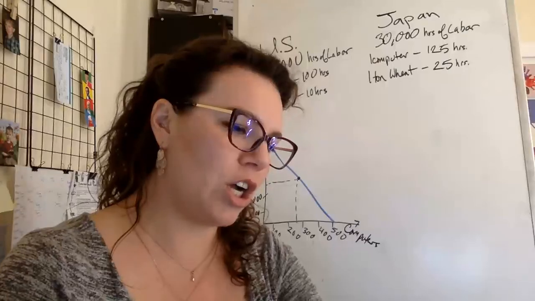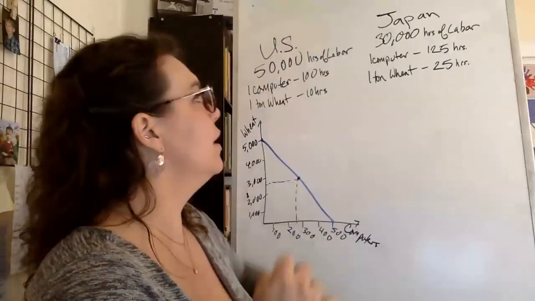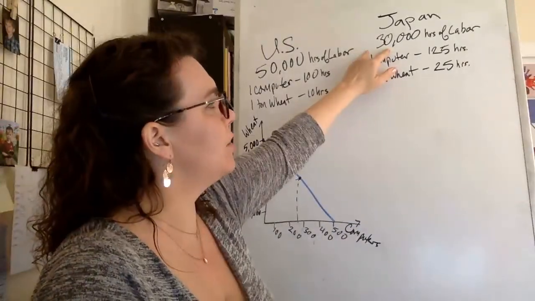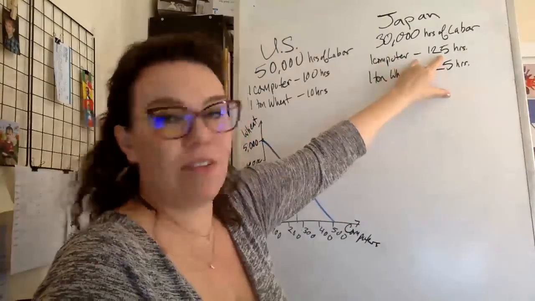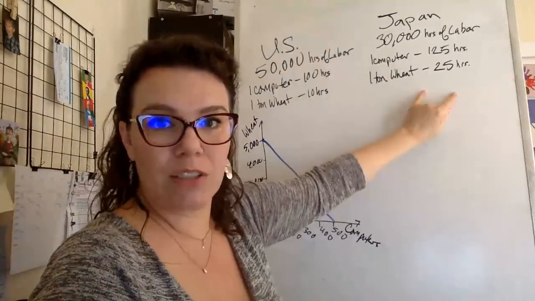Now we want to talk about Japan. Japan only has 30,000 hours of labor, and it takes 125 hours to make a computer, 25 hours to make a ton of wheat.